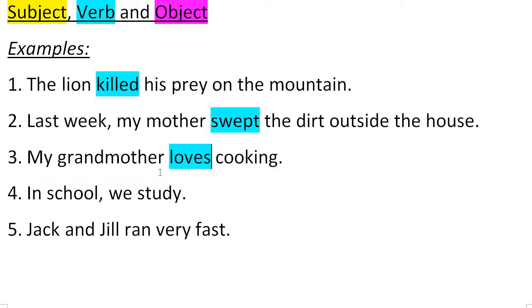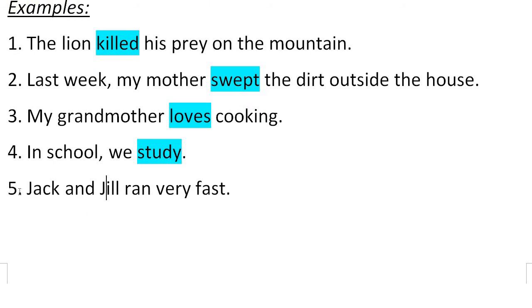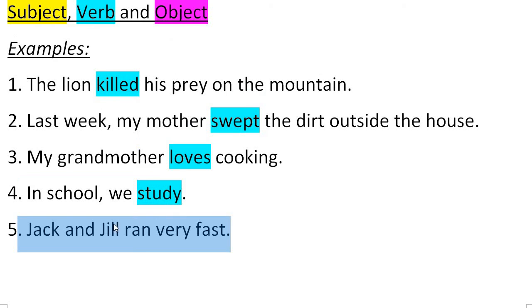That one is loves. And then number 4, what do you think it is there? It is, of course, study. And for number 5, what do you think there? That is, of course, ran. Okay.